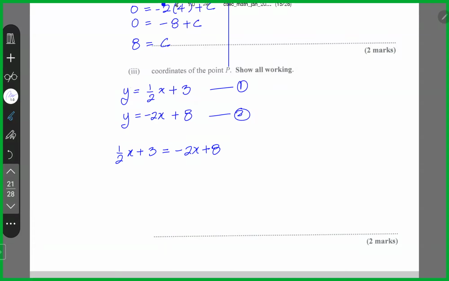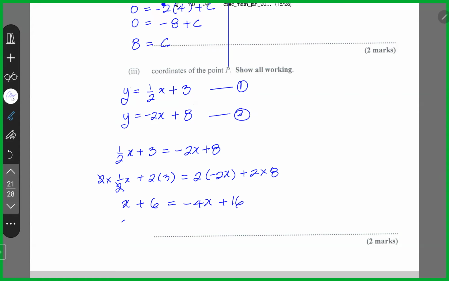I could then multiply the entire equation by 2 to get rid of the fraction. So it's 2 times a half x plus 2 times 3 equals 2 times -2x plus 2 times 8. So here I have x plus 6 equals -4x plus 16.